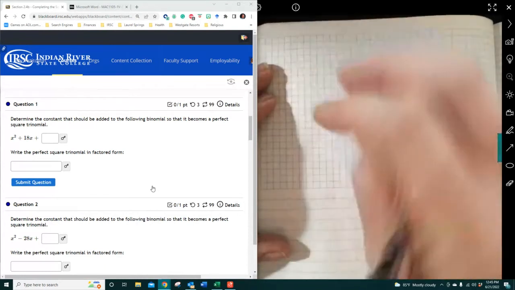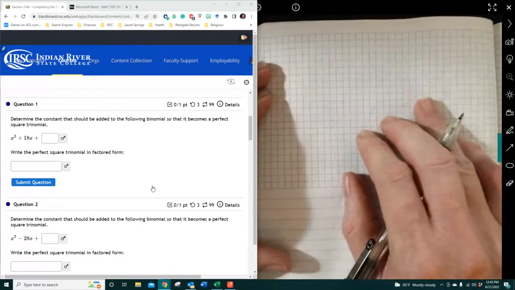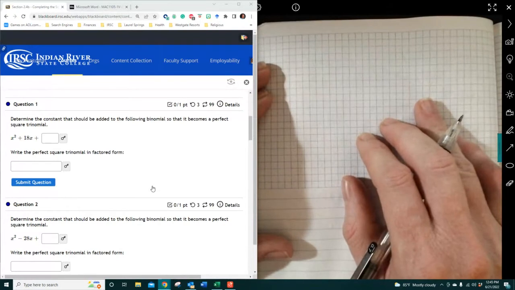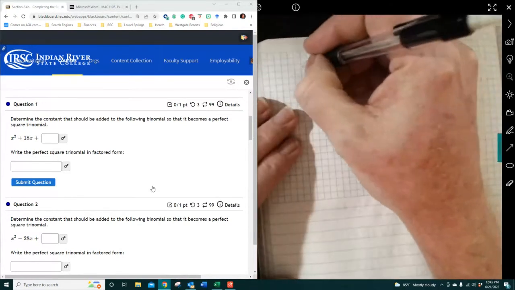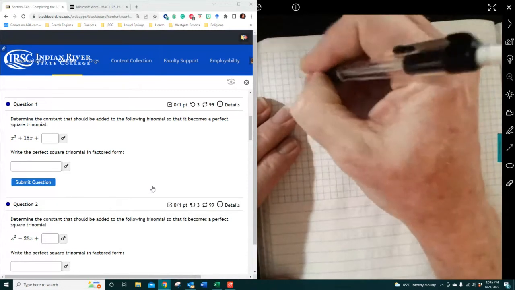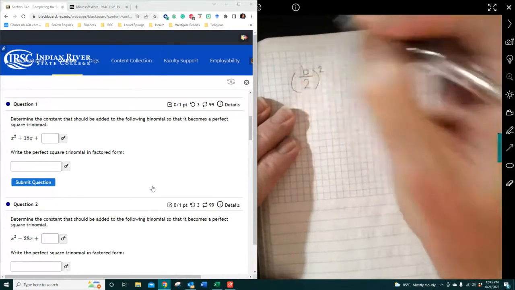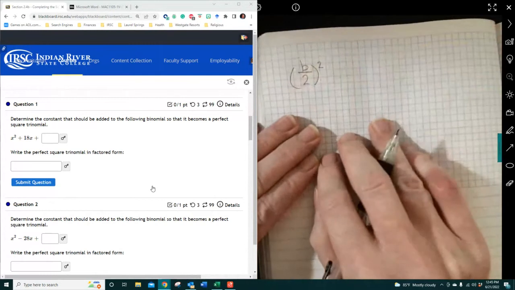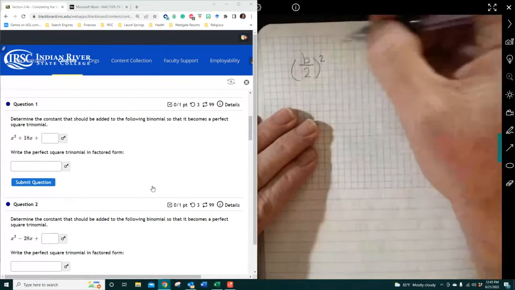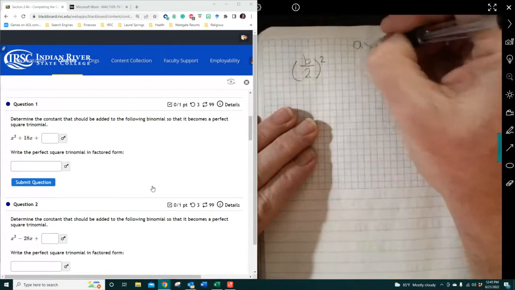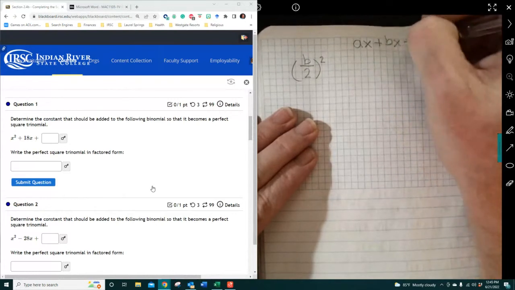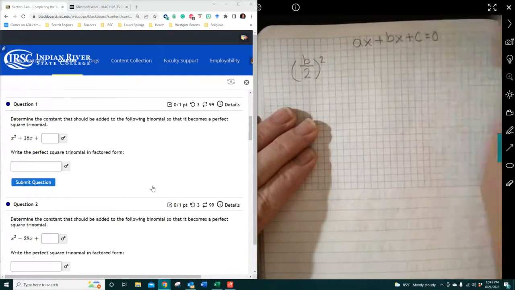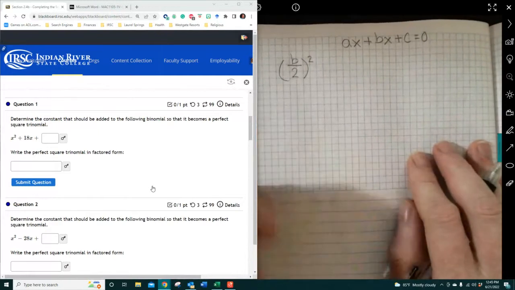So it says determine the constant that should be added to the following polynomial so that it becomes a perfect square trinomial. Now, the perfect square trinomial is half of b, squared, is how you go ahead and create a perfect square. Now, when you use this formula, we also recognize that ax squared plus bx plus c equals 0 is the standard form of a quadratic.